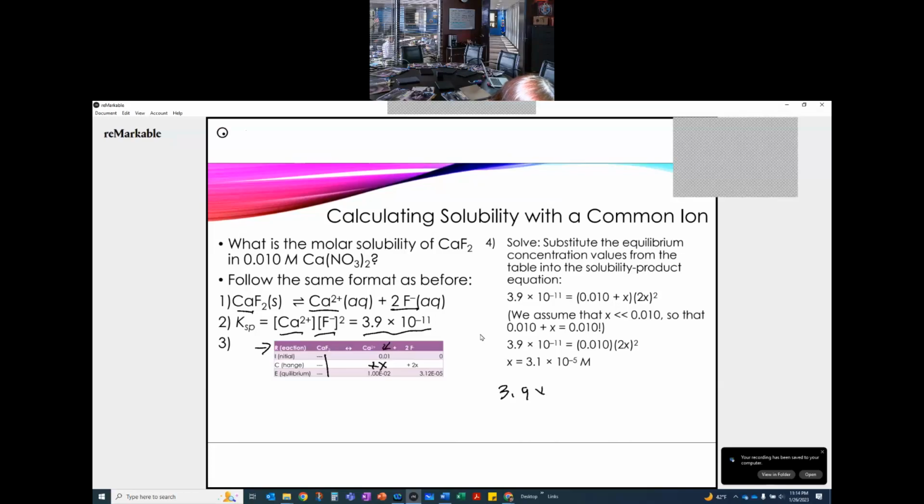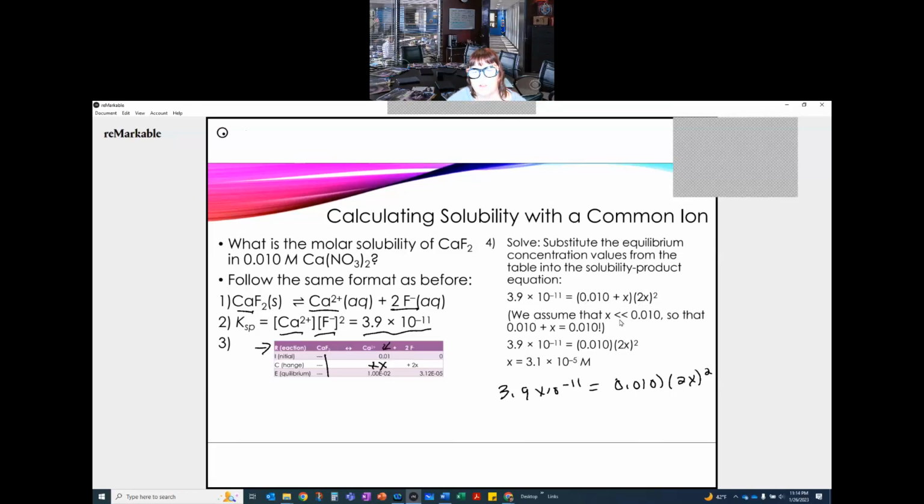So 3.9 times 10 to the minus 11th is equal to 0.010 times 2x squared. Now, you'll see that that's what this says right here. It's 3.9 times 10 to the negative 11th equals 0.010 plus x times the 2x.